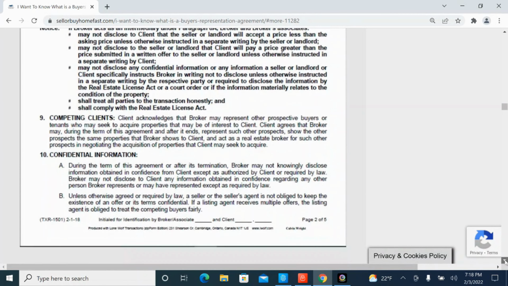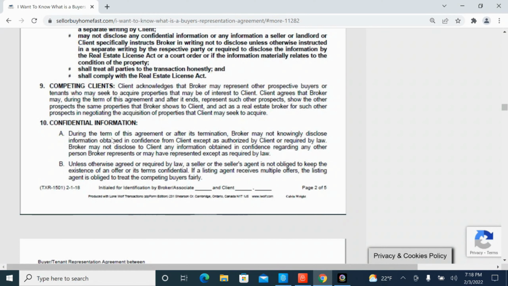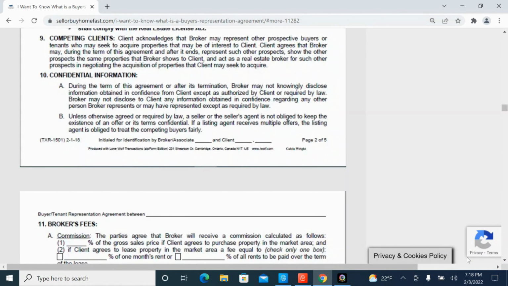Number 10 talks about confidential information. Typically, when you're working with a realtor, it's the realtor's job to keep all information confidential, unless, of course, in writing you decide that it's okay for the realtor to give certain information to the other agent, or in a transaction there is certain information that an agent might share.